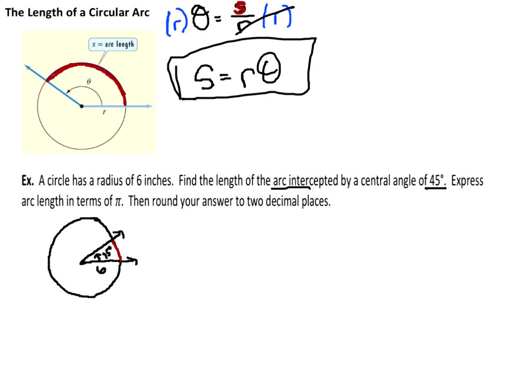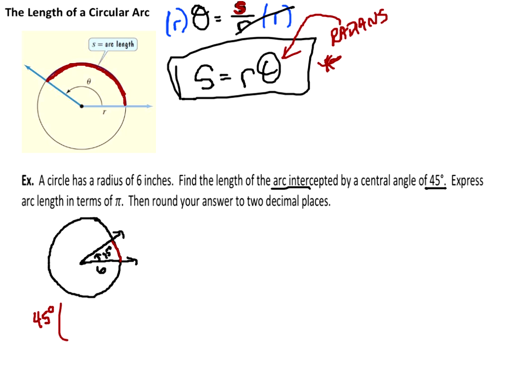All right, so the issue here is that this particular formula is for radians, and we're given degrees. So the first part of this problem is that we need to convert 45 degrees to radians.